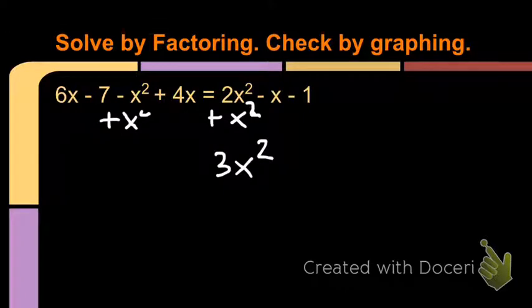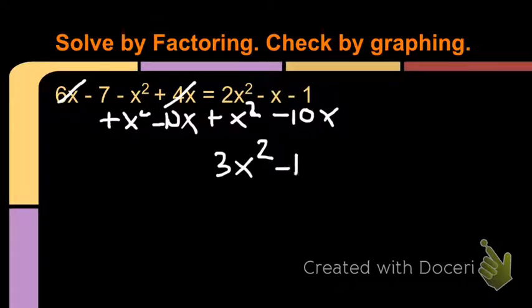You combine like terms, 6x and 10x, and you subtract 10x on both sides. That gives you negative x minus 10x on the right side, so that's minus 11x. And then add 7 to both sides, and you get a 6 over on the right side.